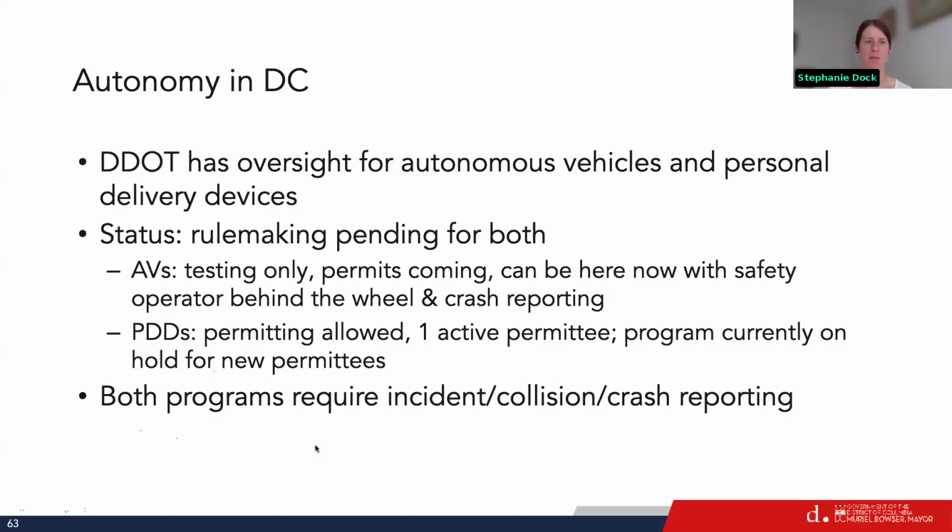So for a bit of background, I want to say a yes and to everything you heard from the folks that have already presented. These are things that we are thinking about in some way, shape, or form. But I'm going to focus in particular on what happens with incidents, when we talk about collisions or crashes involving autonomous things. So we have oversight for both autonomous vehicles and personal delivery devices, as we call them, which are the sidewalk delivery robots.